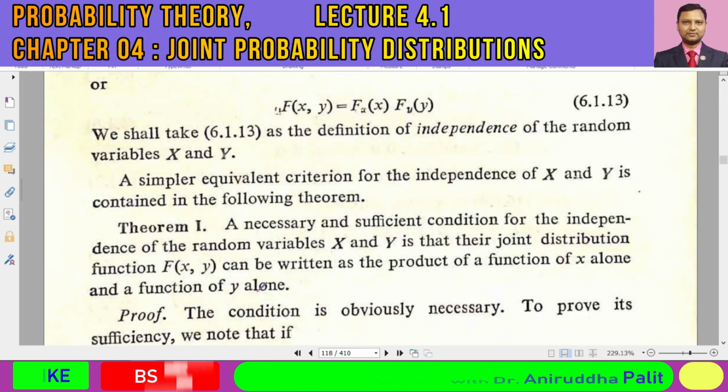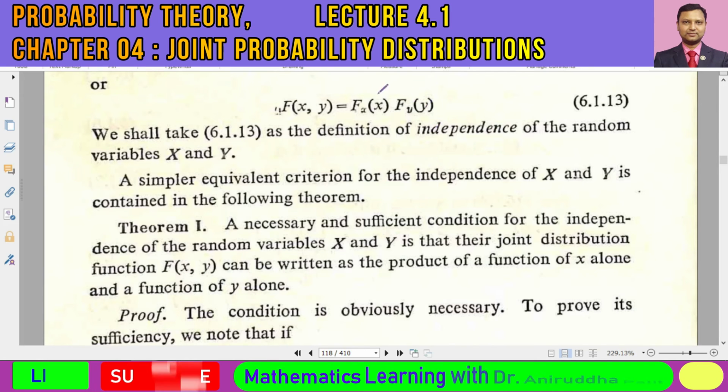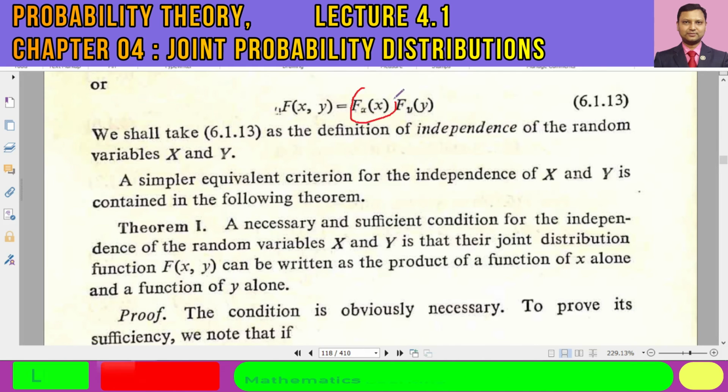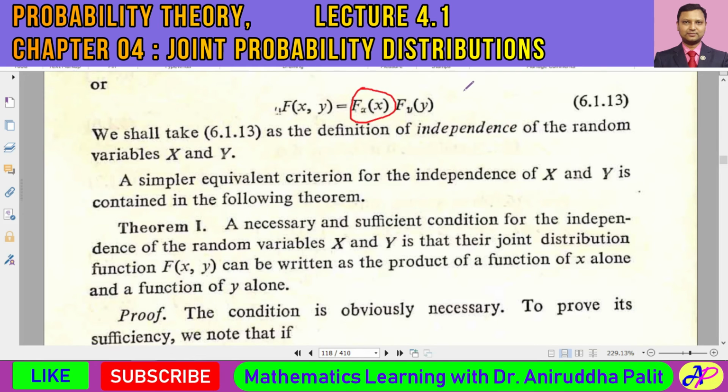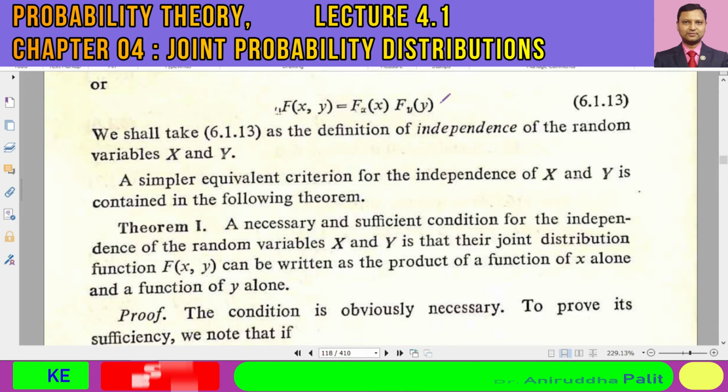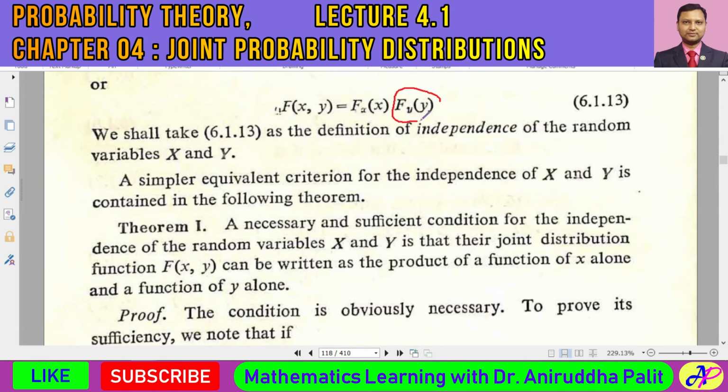If x and y are independent, then this is a function of x only, and similarly this expression is a function of y only.